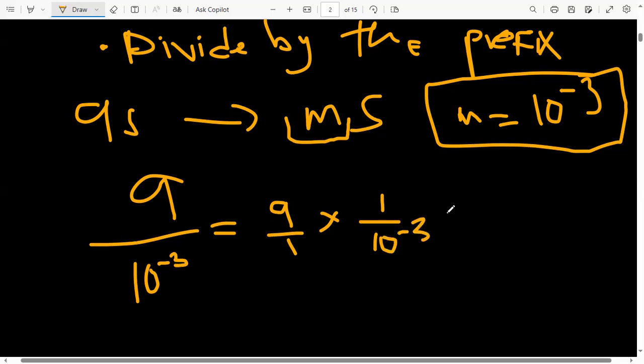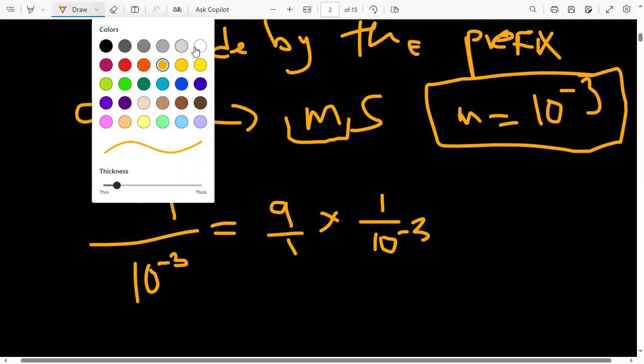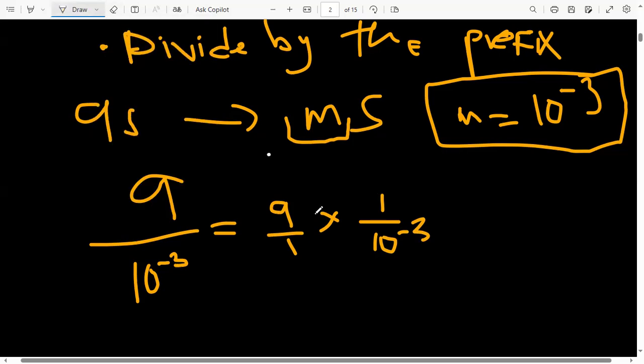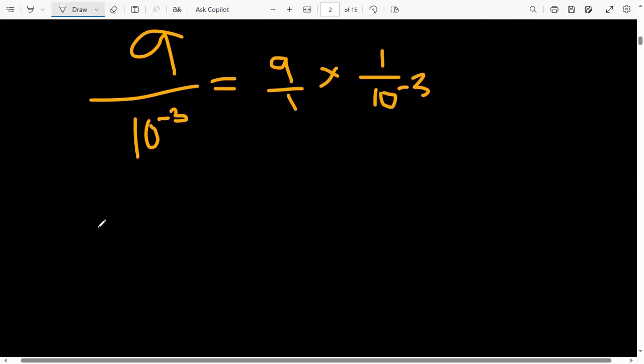Now here you have to know one of the rules for the exponentials, or the indices. One of the rules is that if I have x raised to a negative power, I can write it in this form, 1 over the same x, but now raised to a positive power.